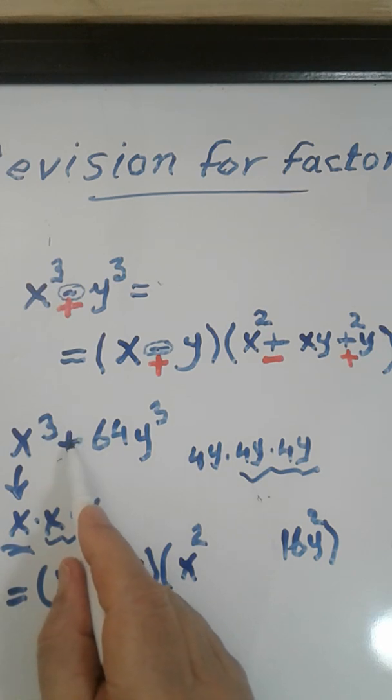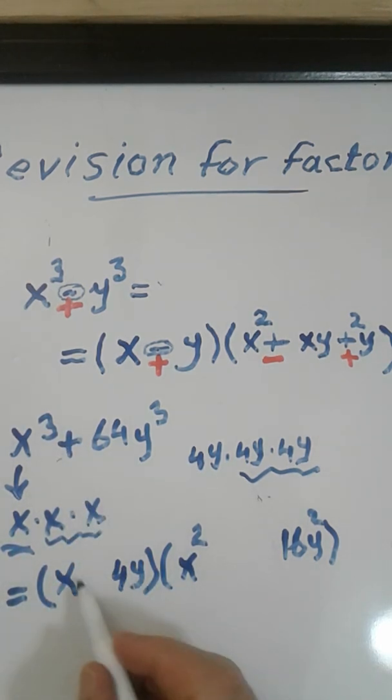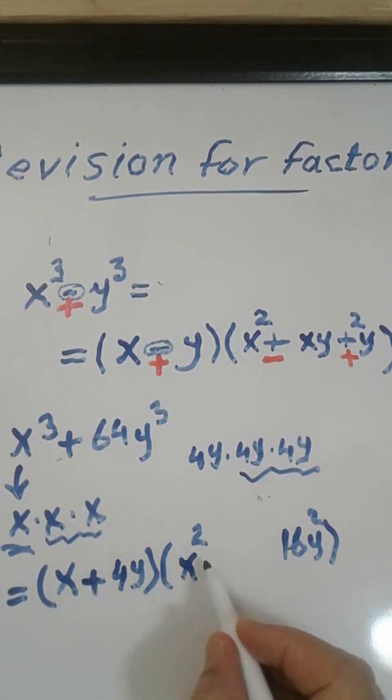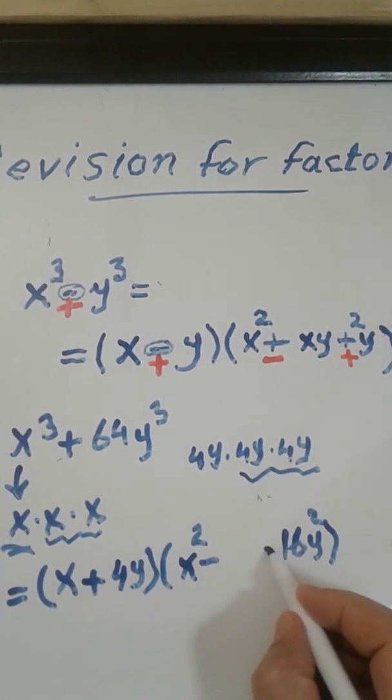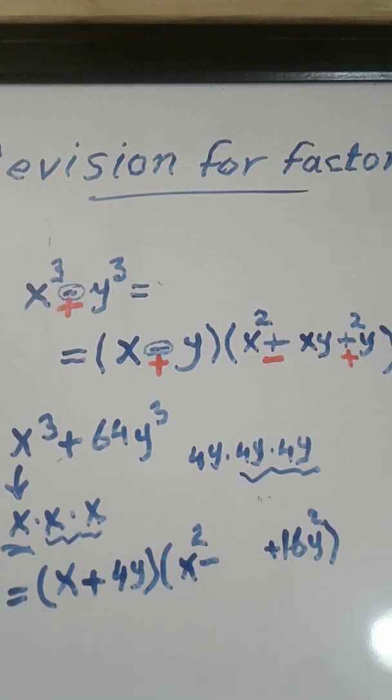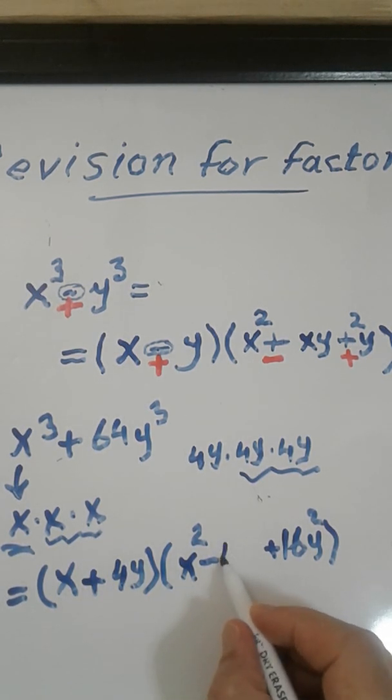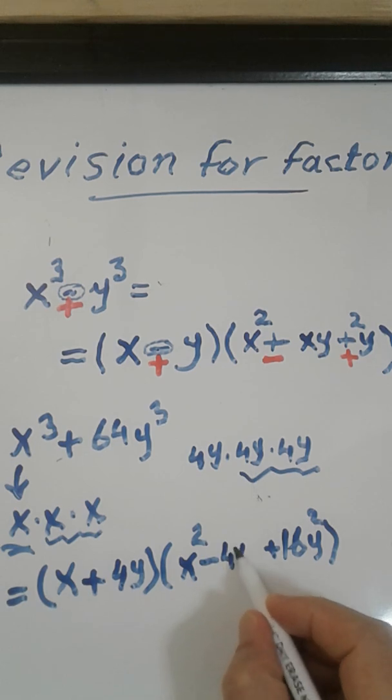And as the sign here is positive, adding, here will be adding, the same. Here, the opposite, subtracting. And this is always plus. Now the middle term will be multiplying those together, which will be 4xy.